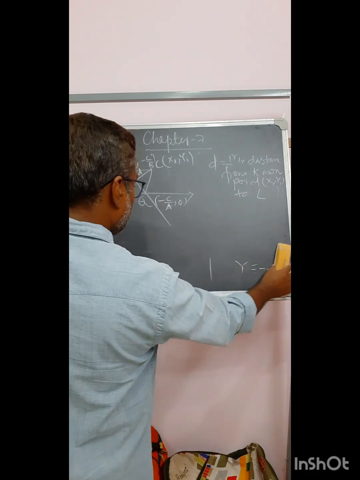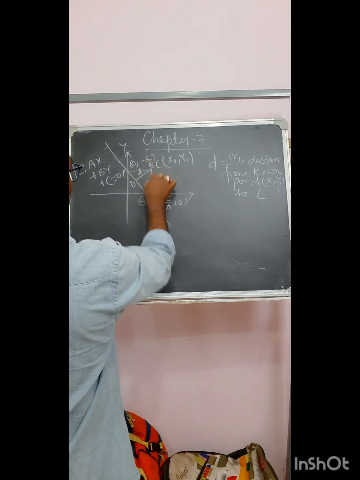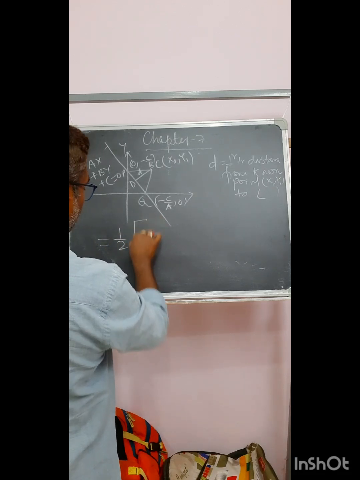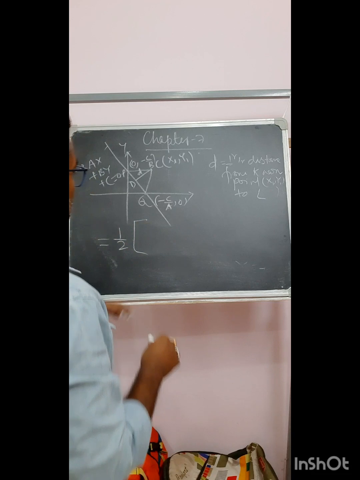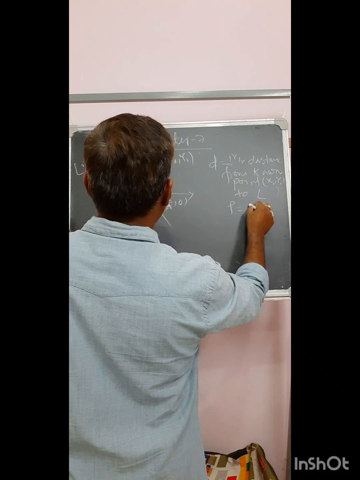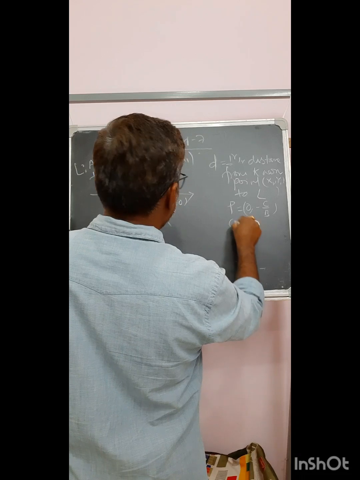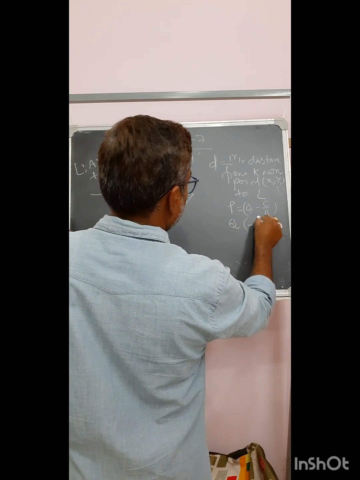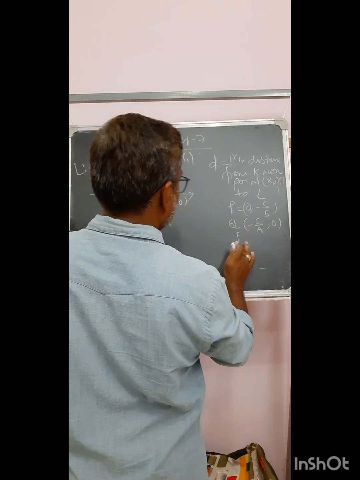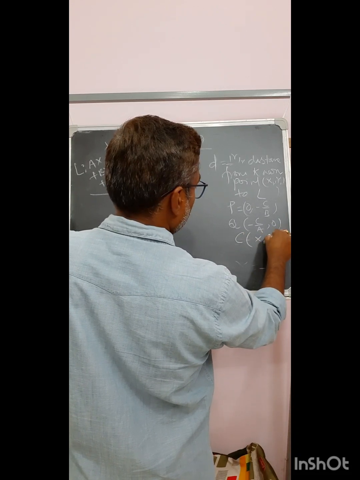So from there, using the earlier described formula where the vertices of a triangle are given, because this is forming a triangle, the area will be half into the terms in cyclic order. I am taking P as x1, y1, that means 0, minus c by b, and Q is equal to minus c by a, comma 0, and this point C as x3, y3, that is x1, y1.